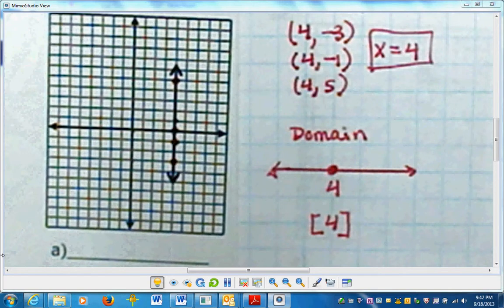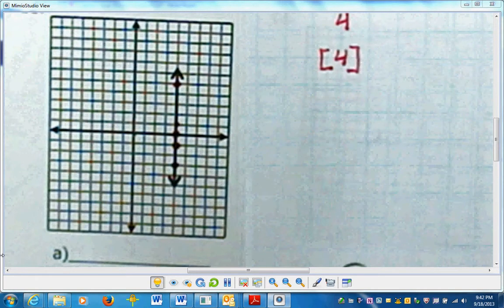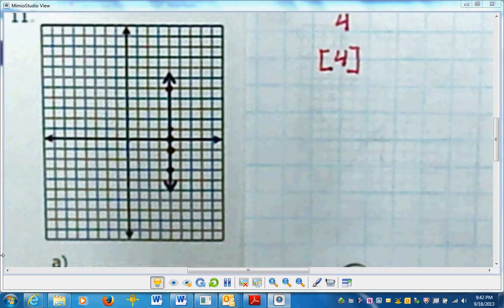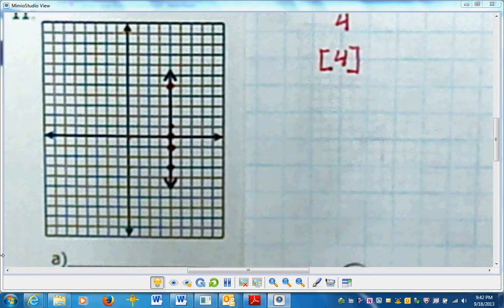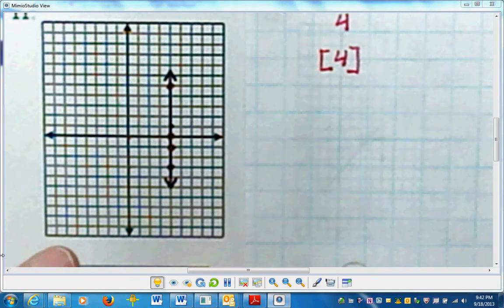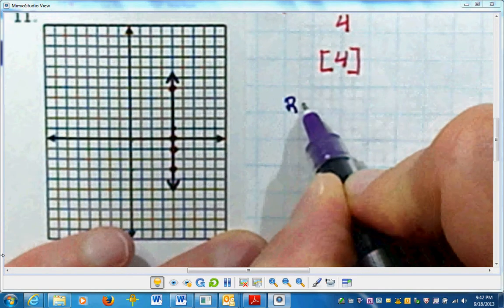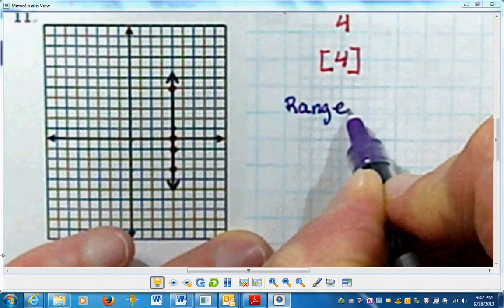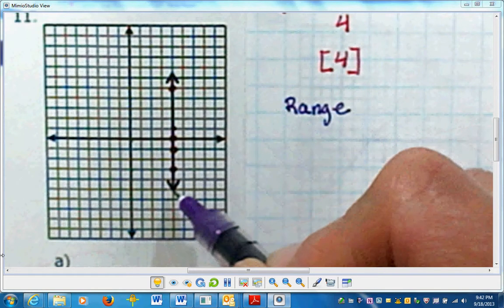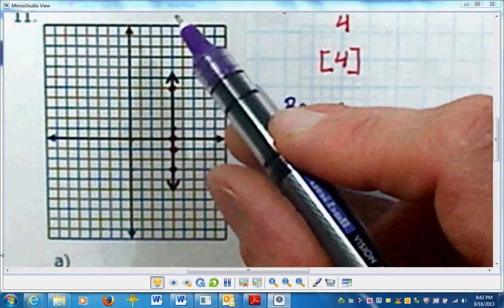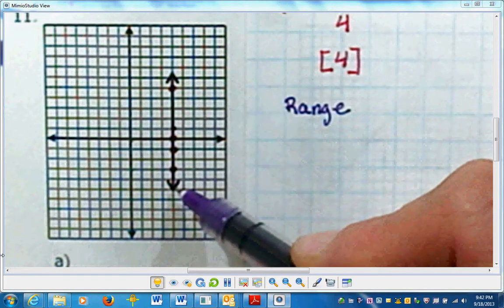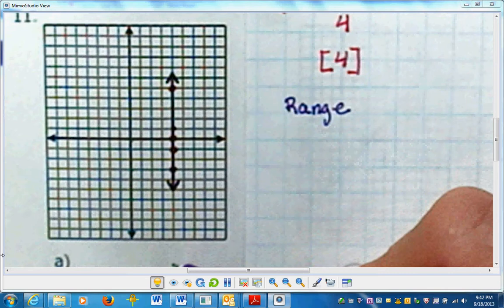Okay, so now let's look at range. Range is a little different. Remember, with range, we're going to look for our upper value and our lower value. So I'm going to put down here range. And we're going to start from the floor and go to the ceiling. Well, what do these arrows mean? That arrow means that this keeps going down forever.